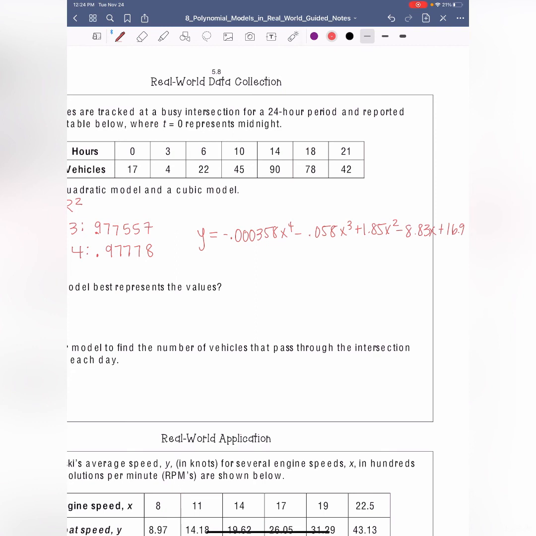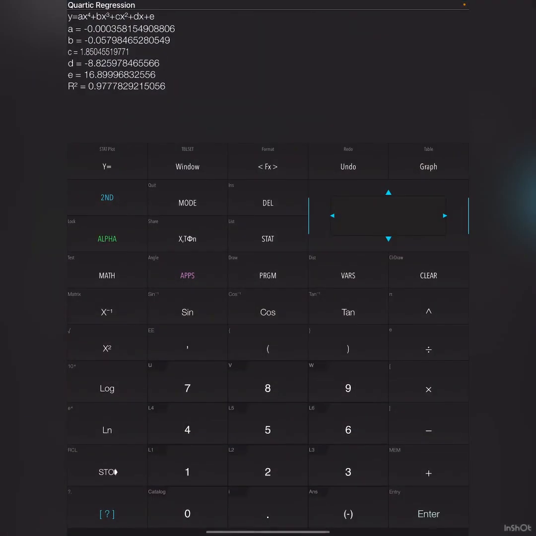Let me double check that. Perfect. Okay, so that's our regression.